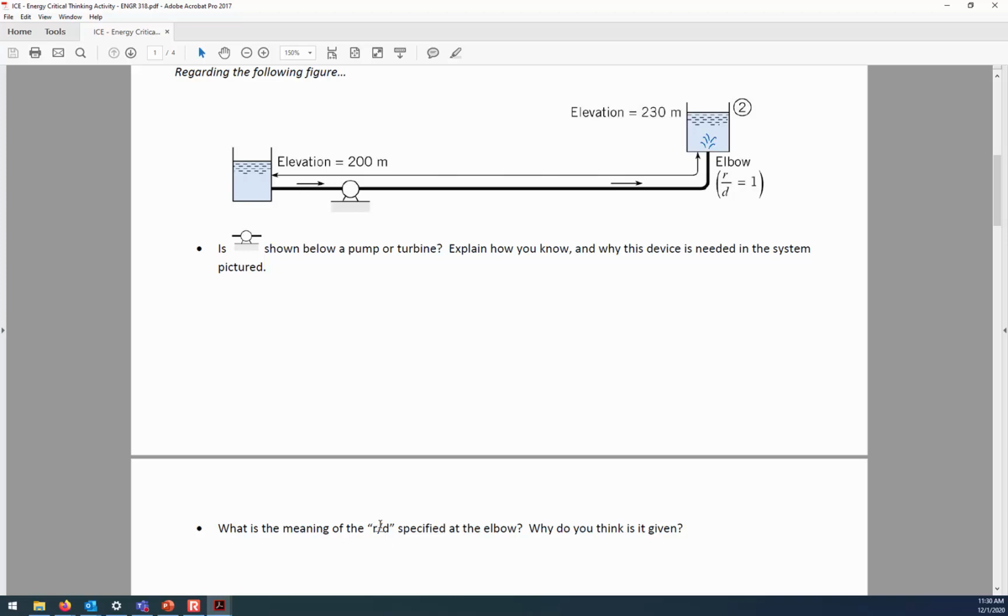What do you think the R and the D stand for? But maybe more importantly, why is that specified in this bend? So any civil engineering students who were in the lab 2 weeks ago, willing to chime in and guess on what's going on at that elbow?